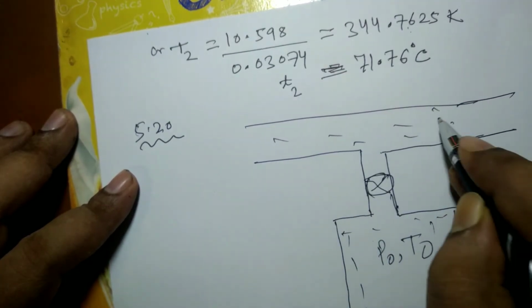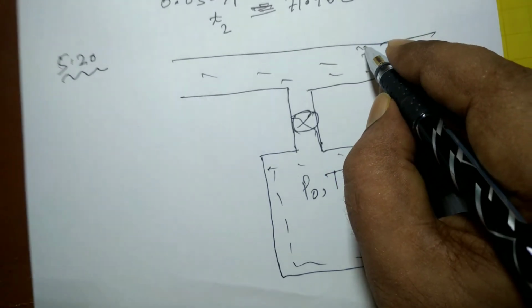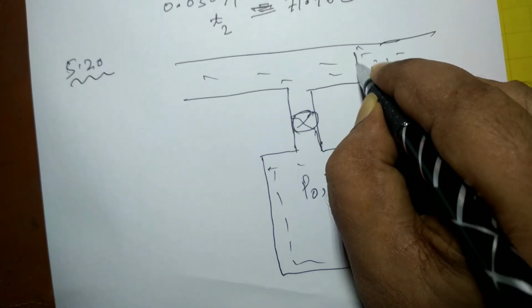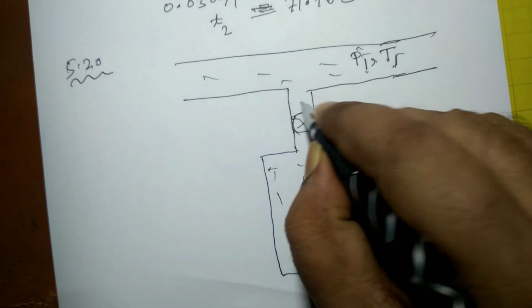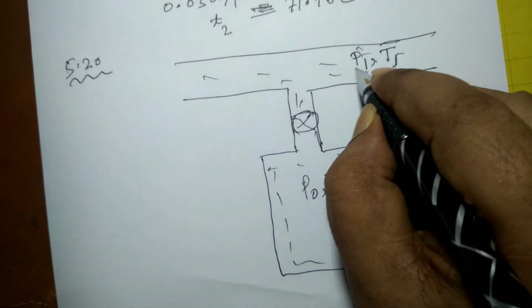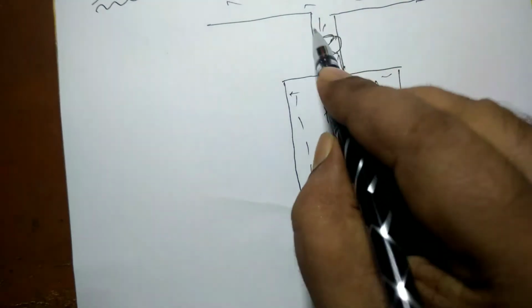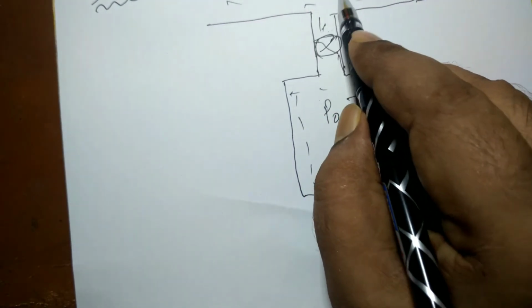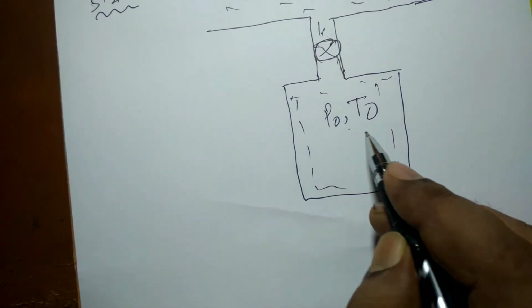And during the process, this supply line pressure and temperature will not vary, and they are assumed to be constant. This is suppose P1 and T1, and these are assumed to be constant because the flow is assumed to be uniform. यहाँ भी जितना होगा प्रेशर टेम्परेचर ऑफ दिस एयर, यहाँ भी उतना होगा.